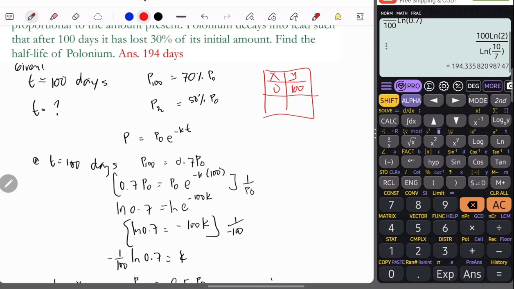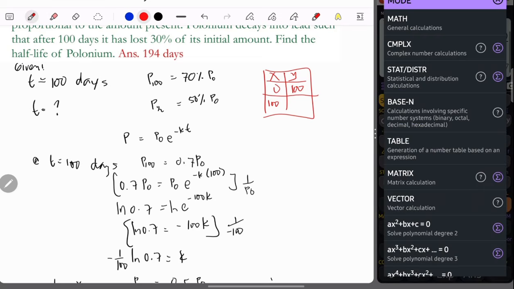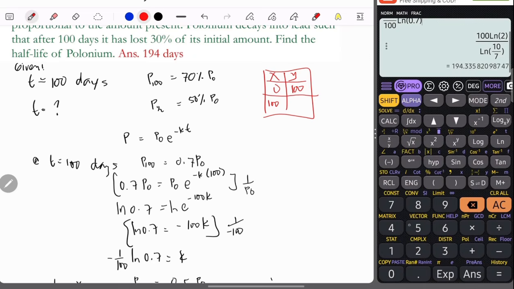Then, after 100 days, 70% of the initial amount. So, what is 70% of initial amount? So, 0.7 times 100. 70. So, input 70.